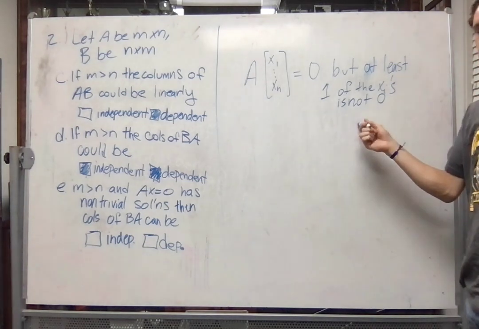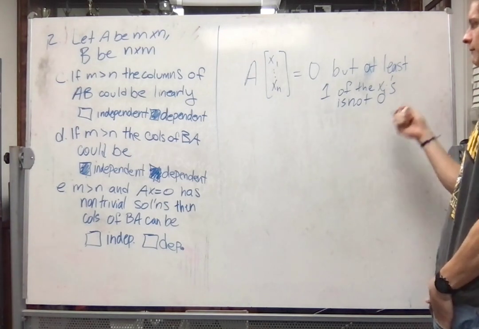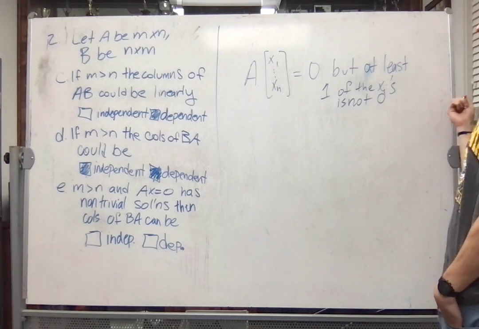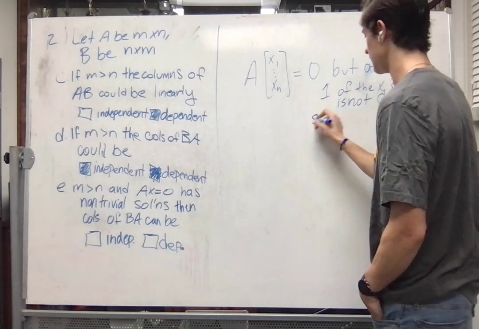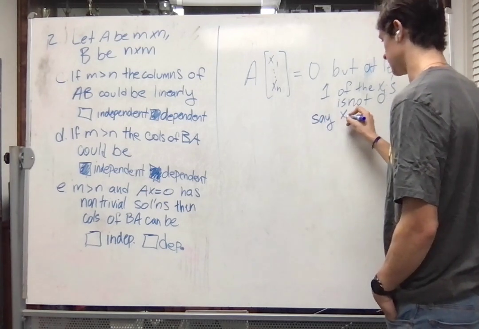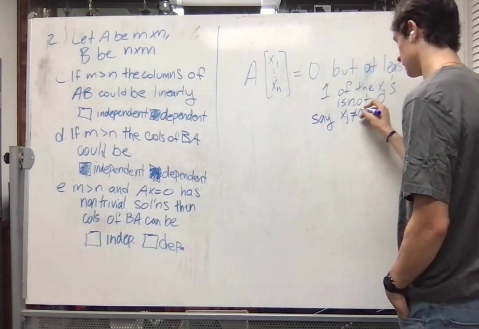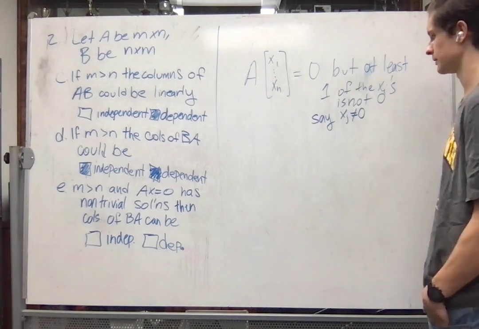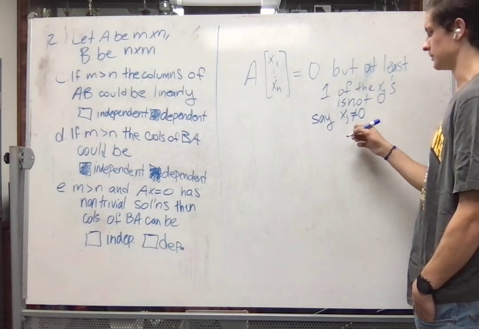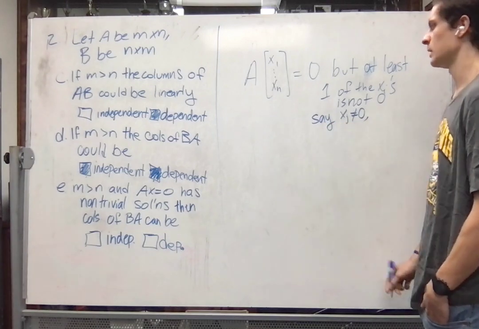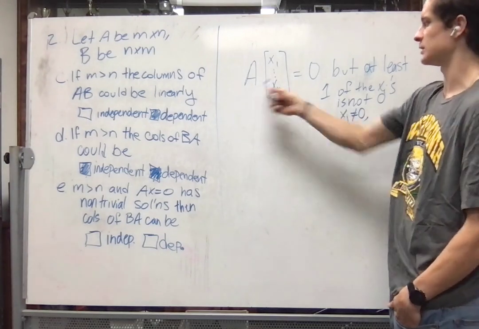This is what it means to be non-trivial. If it was trivial, all of them would be 0. If it's non-trivial, at least one of them is not 0. So say xj is not equal to 0 in this vector. We'll keep this in mind. But now let's look at this product.